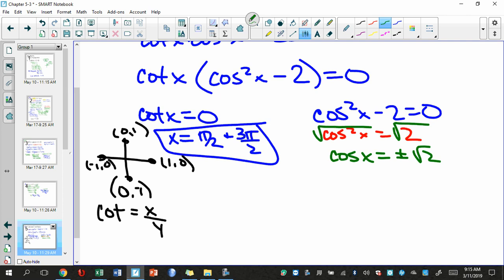It's not possible. We don't know where this happens on the unit circle. It doesn't. Do we all understand that? The square root of 2 is larger than 1. So by definition, we can't do that. So therefore, my only answers are right here.